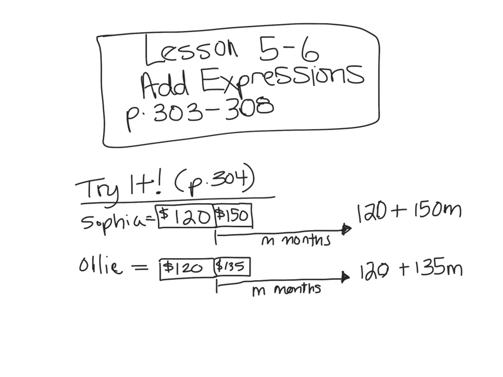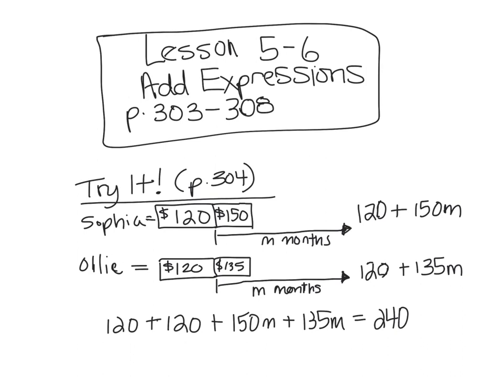So if you look at the second row of boxes on your paper there, what you're looking at doing is combining the two initial deposits of $120 apiece plus each deposit that depends on the number of months that they saved their money, to get one single expression, which would describe the total amount that we know they deposited, $240, plus the grand total amount of money that they deposited each of those months, which would be $285M.